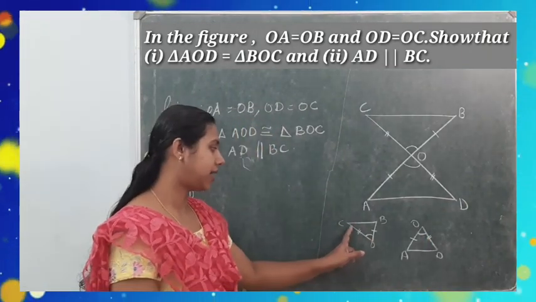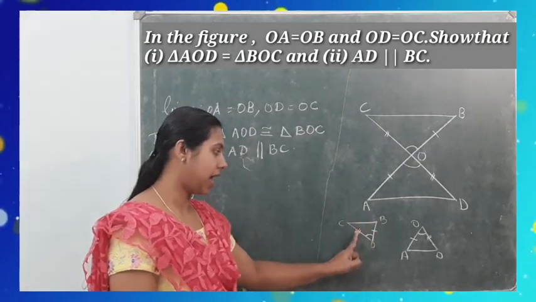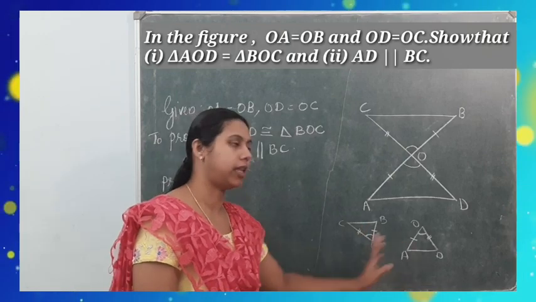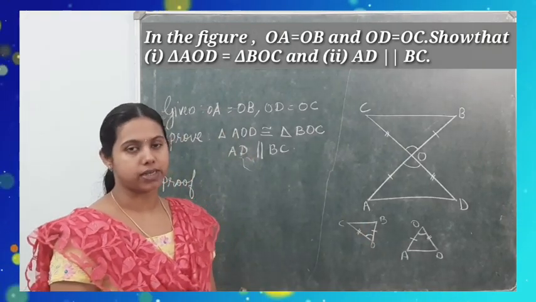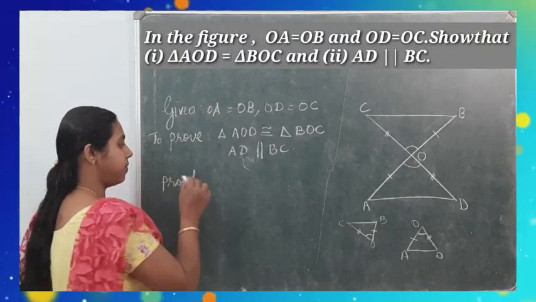By looking at this, you can see one side, an included angle, and the other side. So by SAS, we can say that these two triangles are congruent. So we can write here which two triangles we are considering. You name it first.